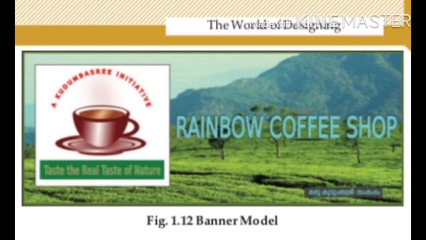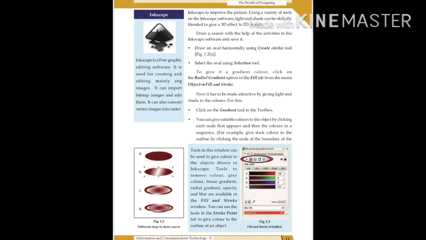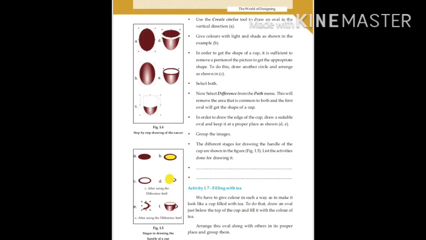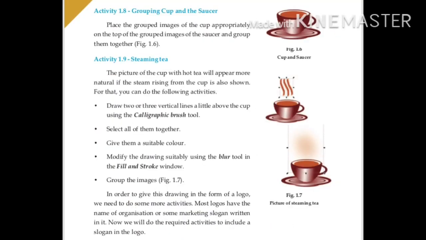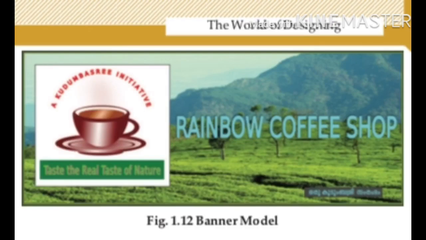That is, we have to learn some basic concepts of designing by using Inkscape. For that, first we learned how to prepare a cup and saucer in our previous class. Today we have to finish our banner designing.